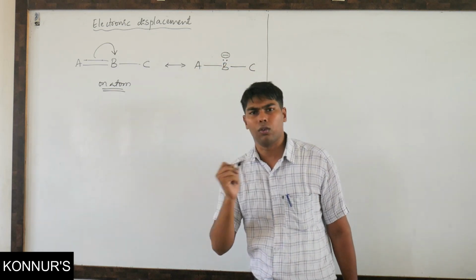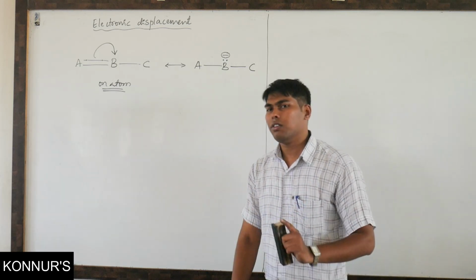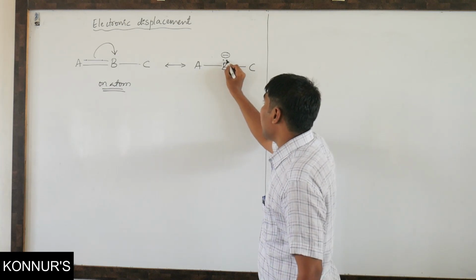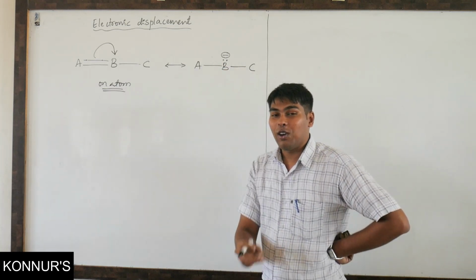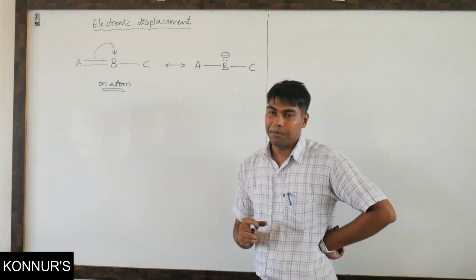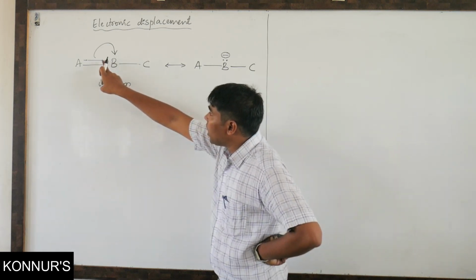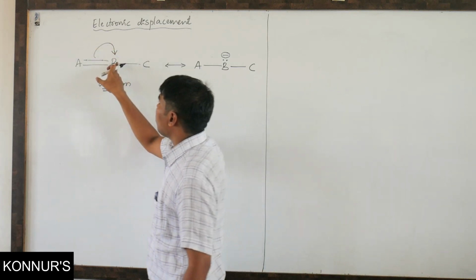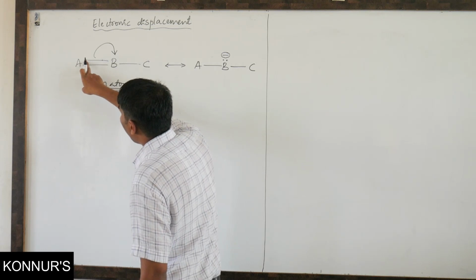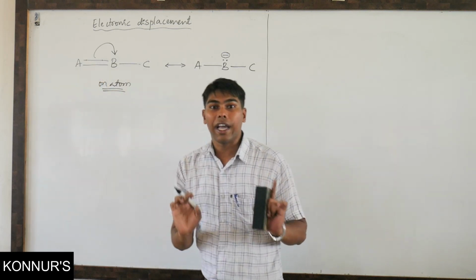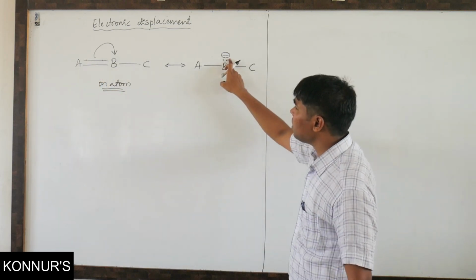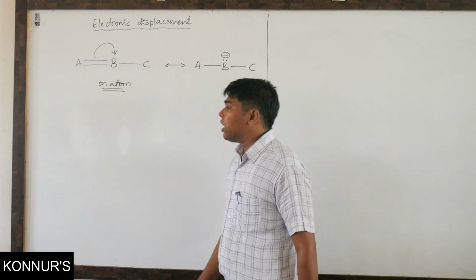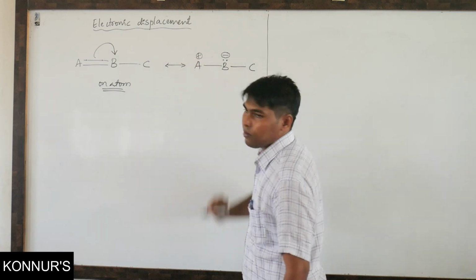Minus and -1 are the same, representing one electron. So the charge is of that electron only, and one electron is lost by A, so it gets the positive charge.